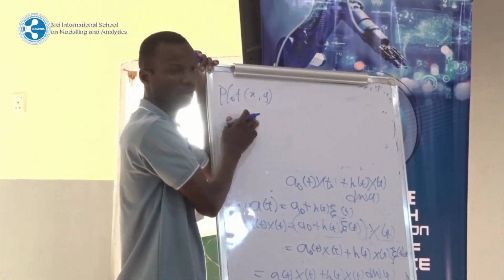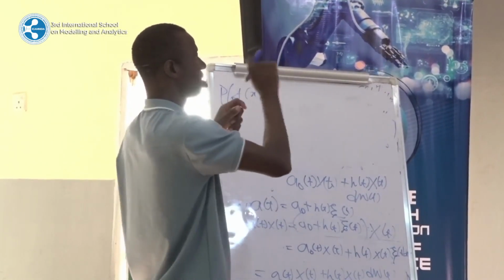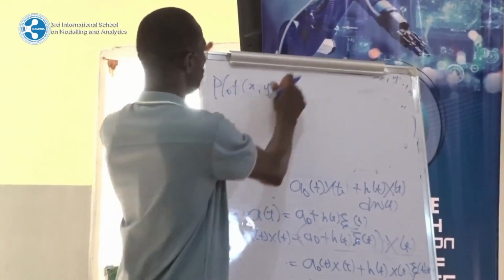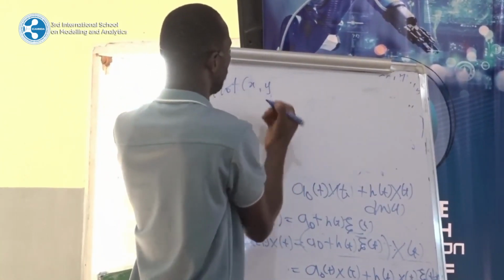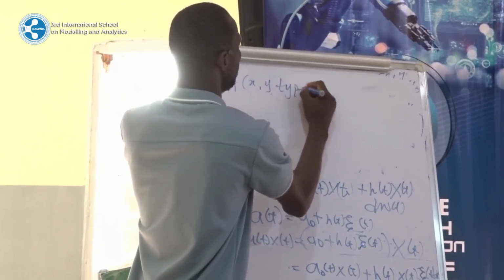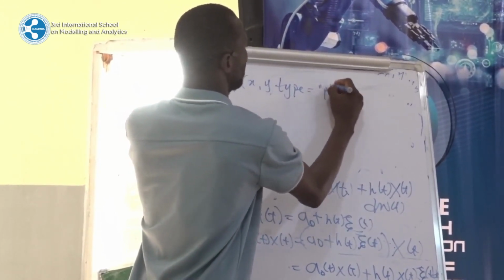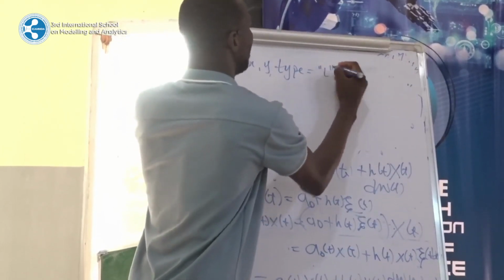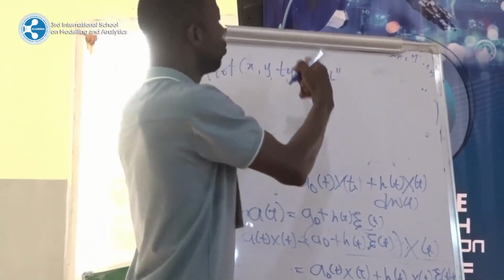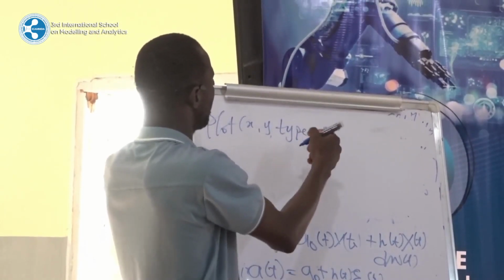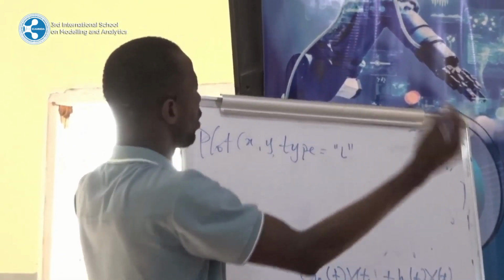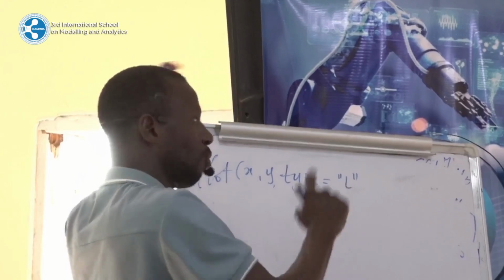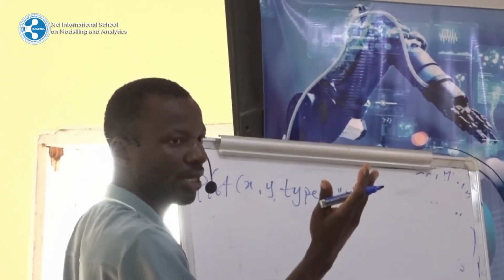Maybe we don't want it to be just points. So we can say, okay, let the plot point type be, for instance, points, which we have used. But it can take other values. We can say line. If you change this to line, you can see that before it just brought out points, but now we are bringing in type to modify the output. Are you seeing that now?